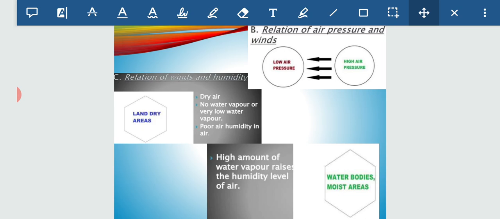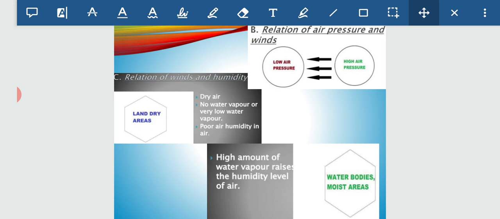But your answer is wrong. If wet air exerted more pressure, then clouds, which are a condensation of water vapor, why are they floating in the sky? They should have come onto the ground surface, but they are there in the sky.